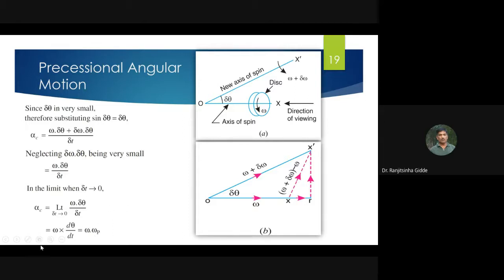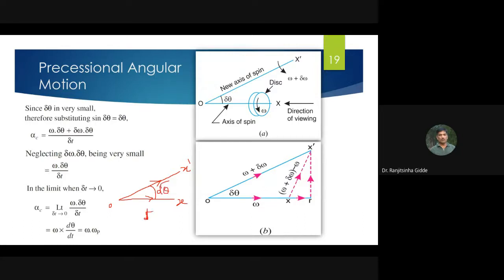Suppose this is the OX axis, and if this axis turns in a new direction, I will write OX dash, through this delta theta.